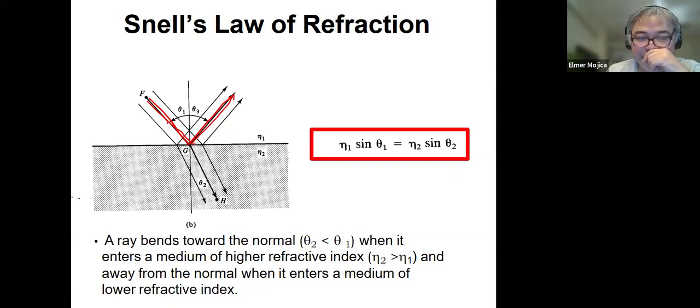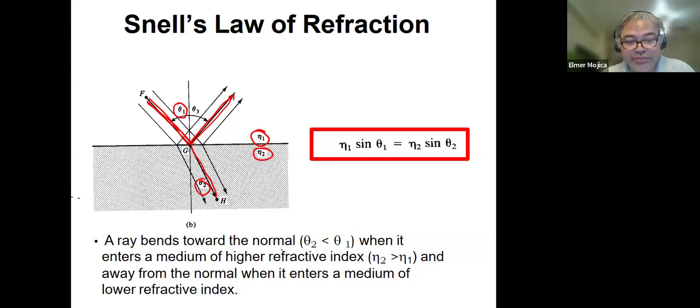Reflection. And then this one, from one medium going to this one, okay, so that is what we call your refraction. So here you're going to see this one here and this one here. And then you have the refractive index of the first medium, and then the refractive index of the second medium.